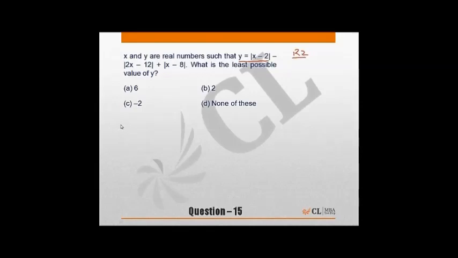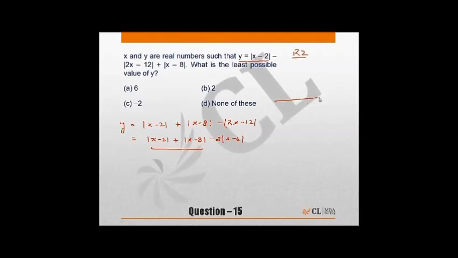Okay. So let me just rewrite the equation and then solve it. Y is equal to mod of x minus 2 plus mod of x minus 8 minus mod of 2x minus 12. Okay, I can rewrite this as mod of x minus 2 plus mod of x minus 8 minus twice mod of x minus 6. Now let me look at these two items first.